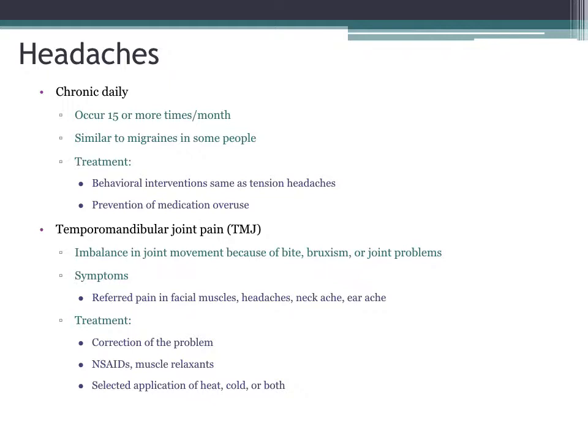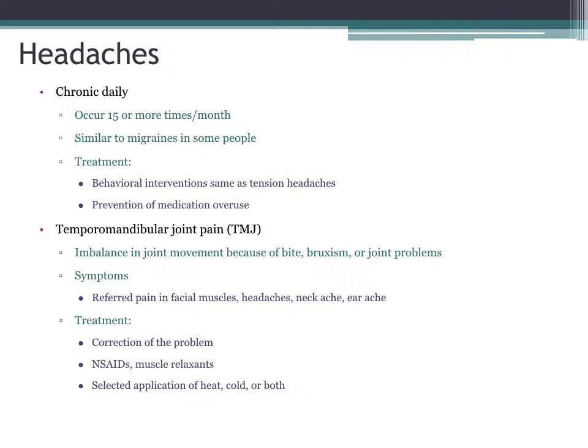TMJ, or temporal mandibular joint pain, is caused by an imbalance in the joint movement because of abnormalities in bite, so your teeth aren't coming together correctly, bruxism, which is grinding of the teeth, or joint problems.